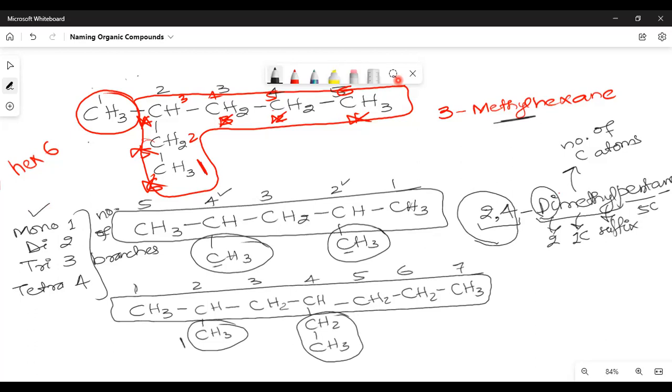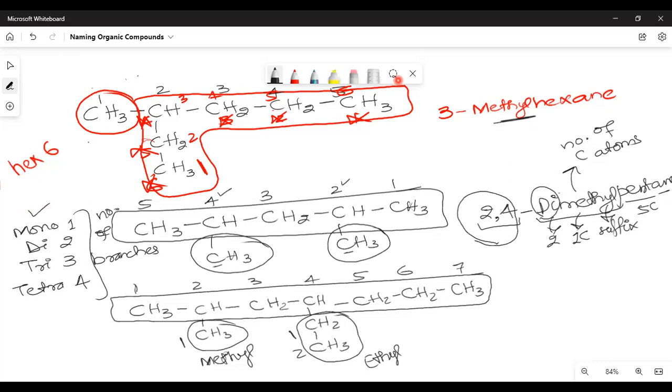Now we have one carbon atom in one branch and we have two carbon atoms in the other. Now we have actually two branches. This one would become a methyl branch, and this one would become the ethyl branch. I hope you understand the difference, right? Since one carbon atom has meth and two carbon atoms are represented with eth.